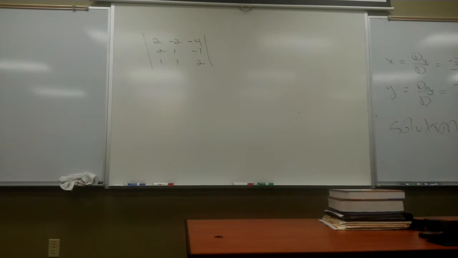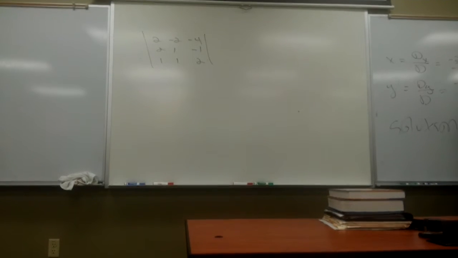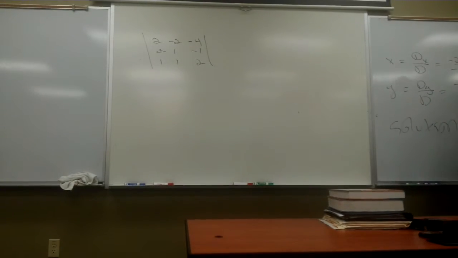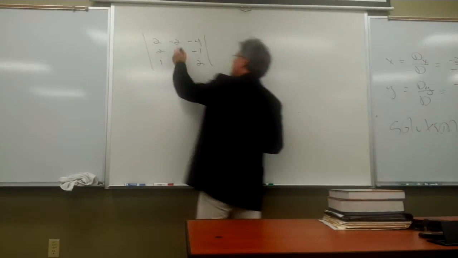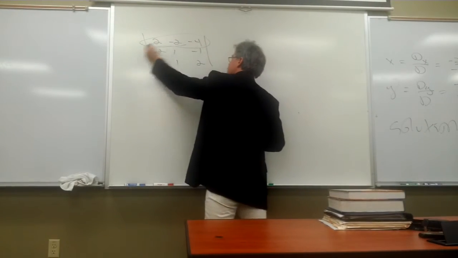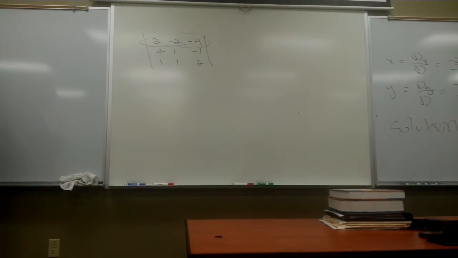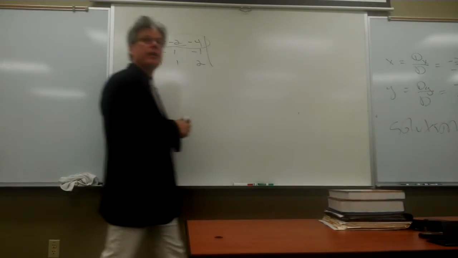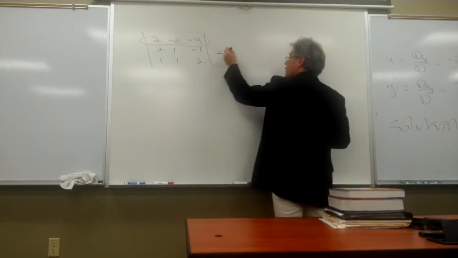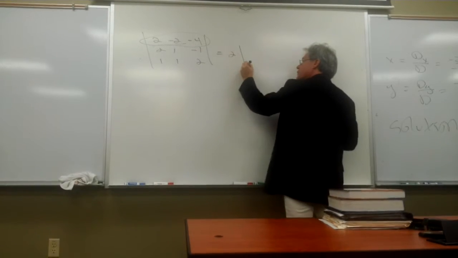So, here's what I'm going to do. I'm going to take any row or any column, I do not care which. How about the first row? And list what I refer to as my cofactor expansion. To list my cofactor expansion, I take each and every one of the numbers, 2, -2, -4, and multiply them by a very particular 2x2 determinant.